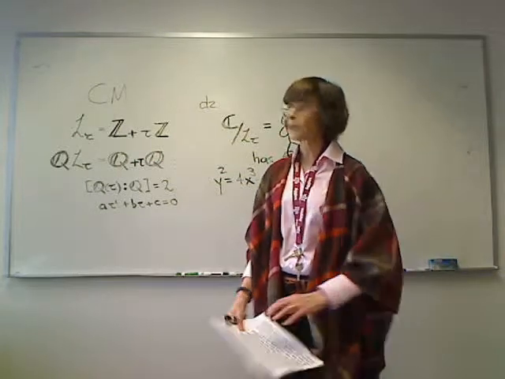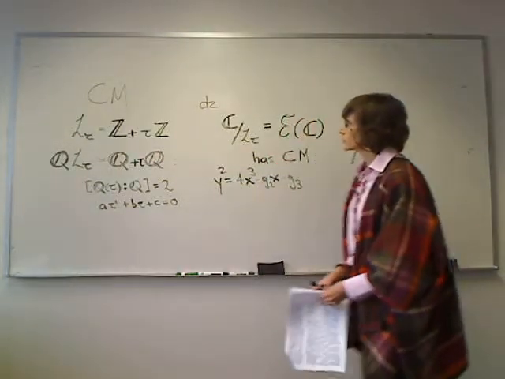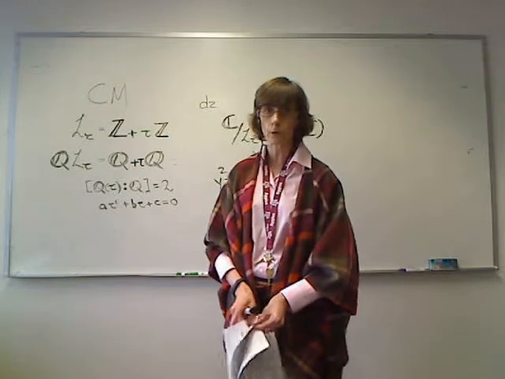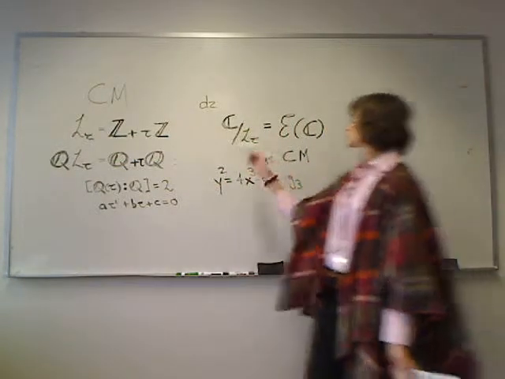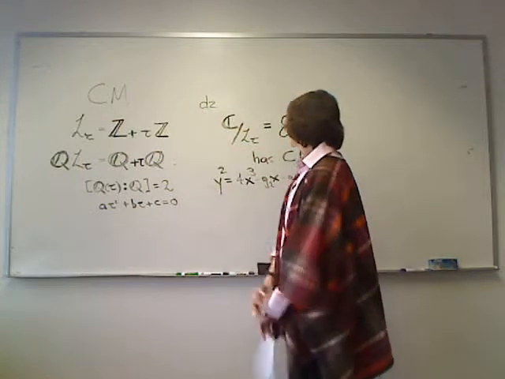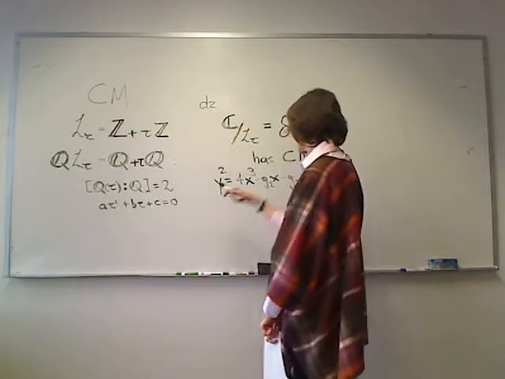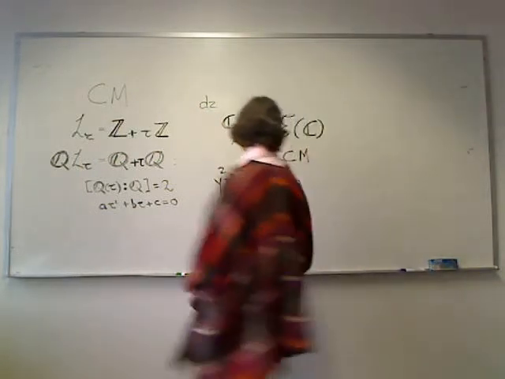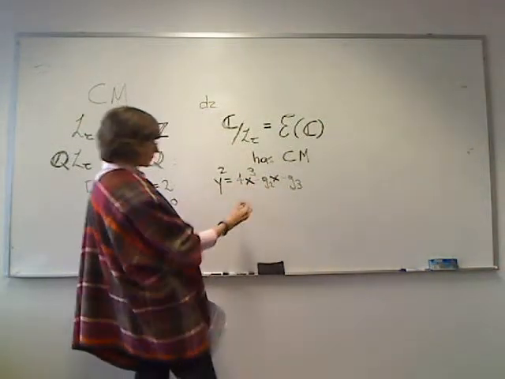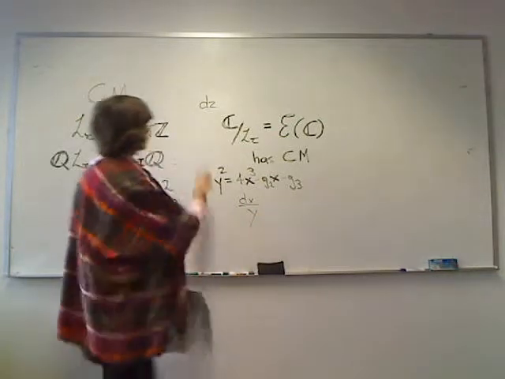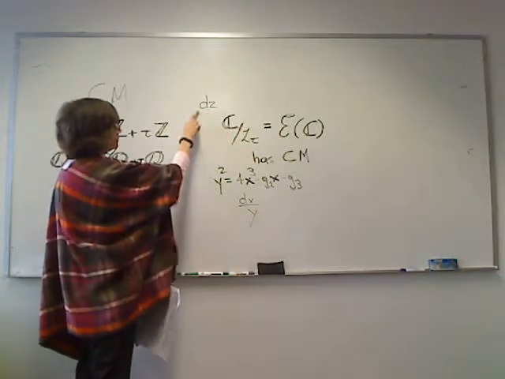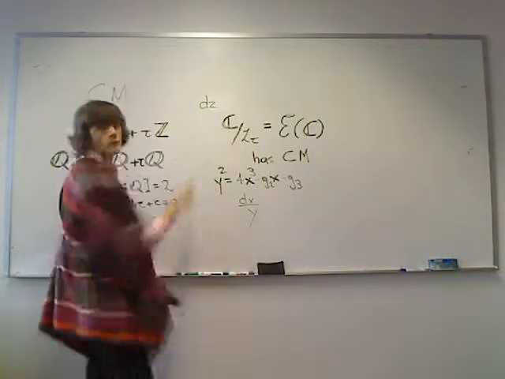But another direction one can go in for generalizing elliptic curves is to look at Calabi-Yau manifolds. Now, an elliptic curve essentially has one holomorphic differential form. In the expression of the elliptic curve as a curve, it's dx over y, and it basically corresponds to the differential form dz on the complex numbers.